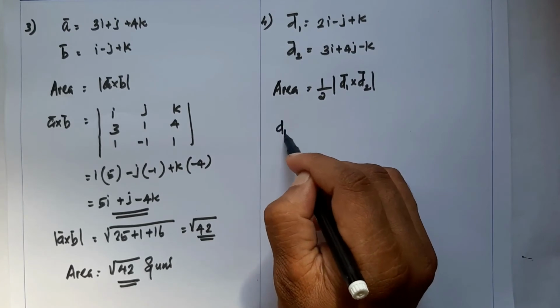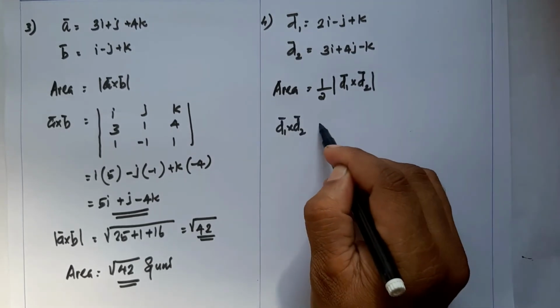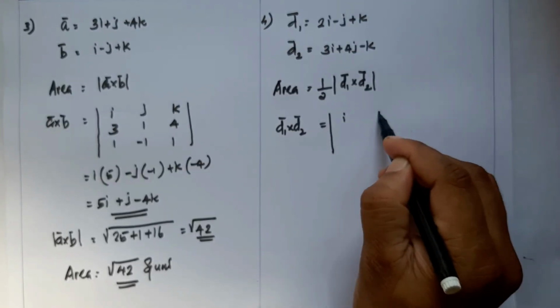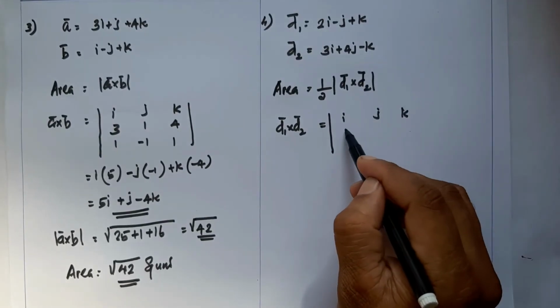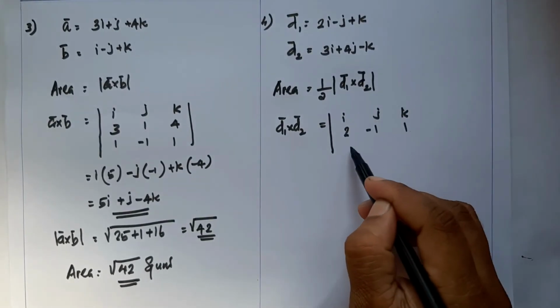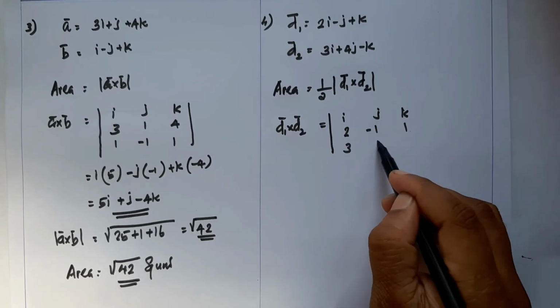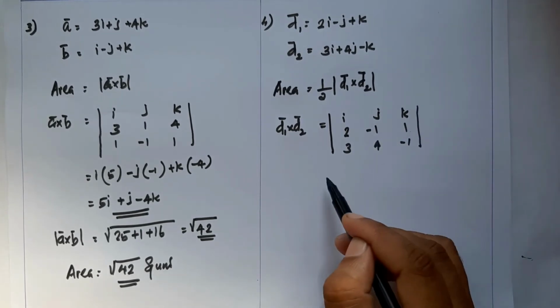First of all, we find d1 cross d2, which is equal to the determinant of i j k. Here d1 coefficients are 2, minus 1, 1. Second, d2 coefficients are 3, 4, minus 1.